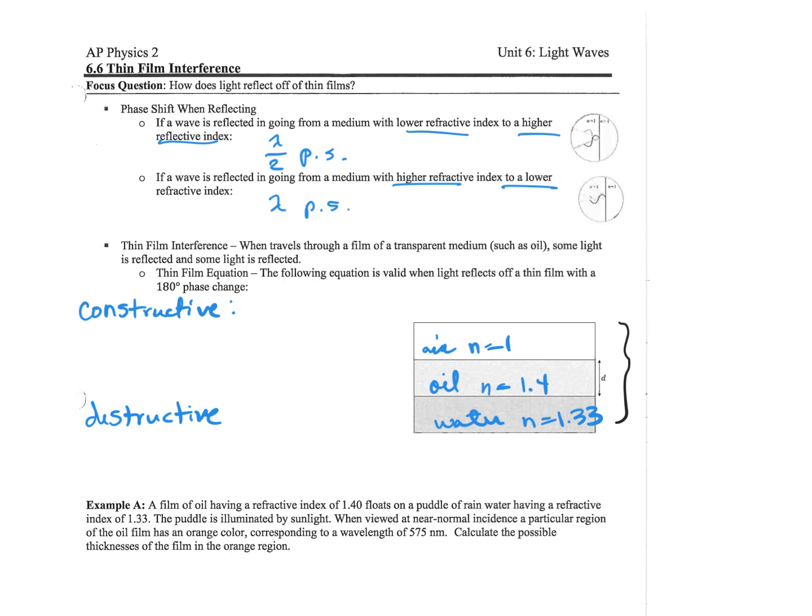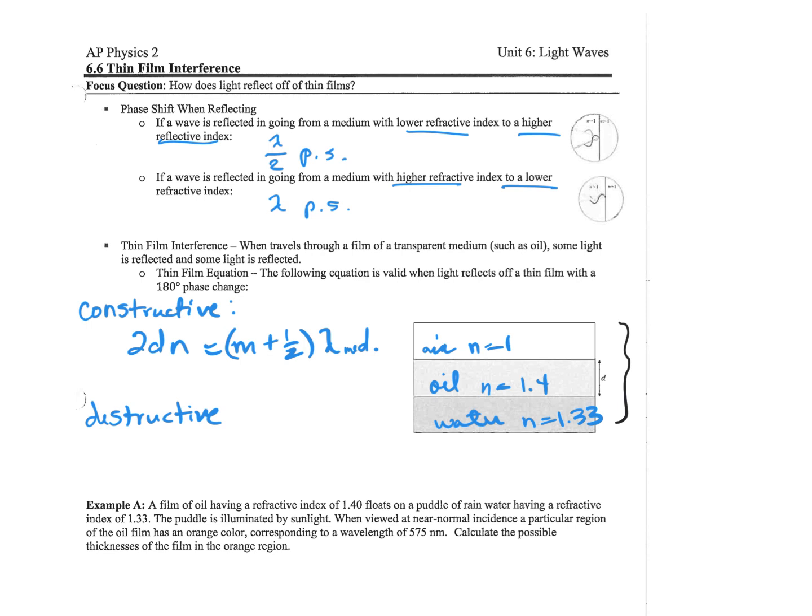The one for constructive interference is 2dn equals m plus 1/2 times lambda. The n comes from, this is lambda in the medium. When AP did the original formula, their lambda was in a vacuum, in the air.